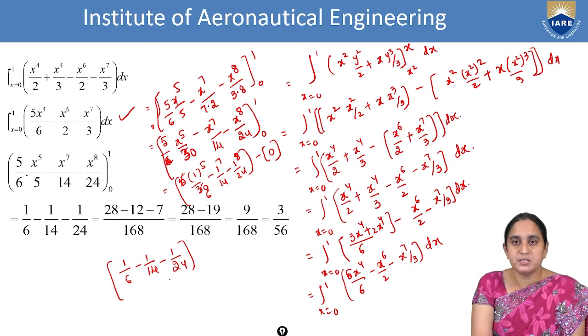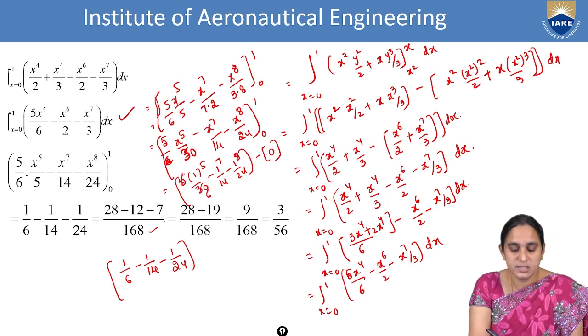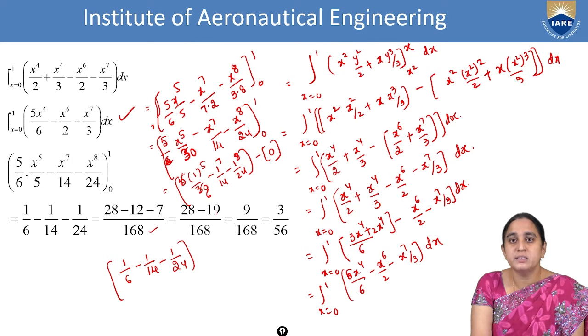What is the LCM for 6, 14 and 24? That is 168. After taking the LCM, it is 28 minus 12 minus 7, that is 28 minus 19, which is 9 by 168.